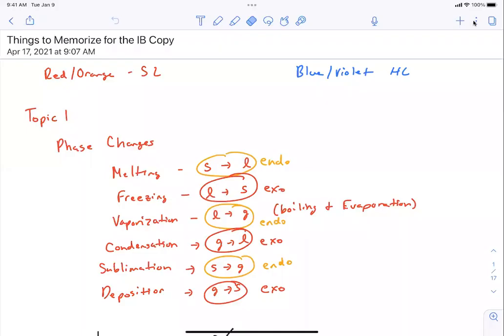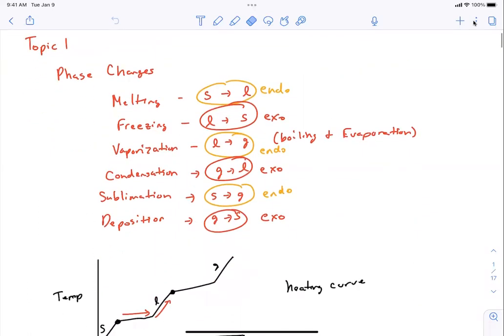Okay. So things you have to memorize in topic order from topic 1 to topic 9 and 19. First, I know it sounds very simple, but knowing all the phase change names is something you're expected to know. So melting, freezing, vaporization, condensation, sublimation, and deposition, and also know whether they're endothermic or exothermic.